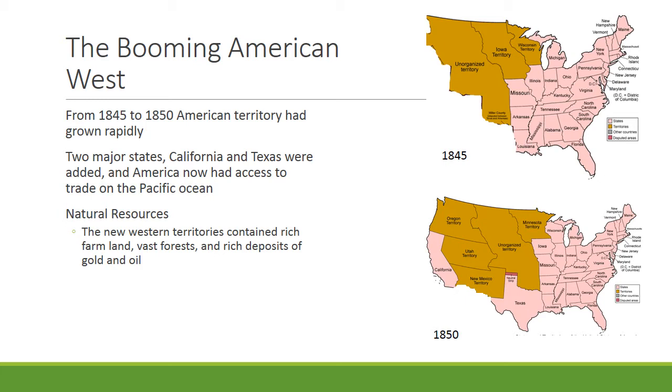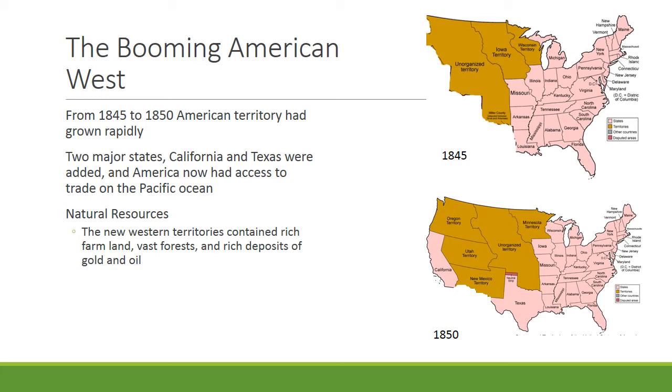It's pretty much just east of the Mississippi is settled. All those pink areas have a lot of American people actually living in them. All the rest of that territory, that brown territory you see there, is basically populated only by Native Americans, and maybe a few Americans here and there, but it's mostly still wilderness.